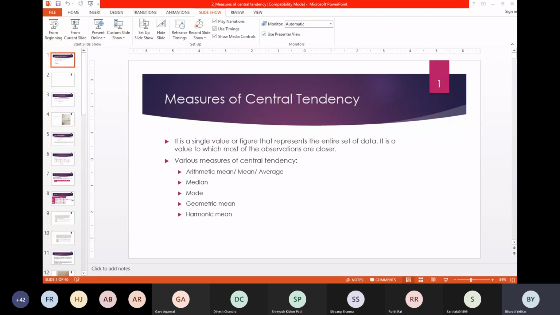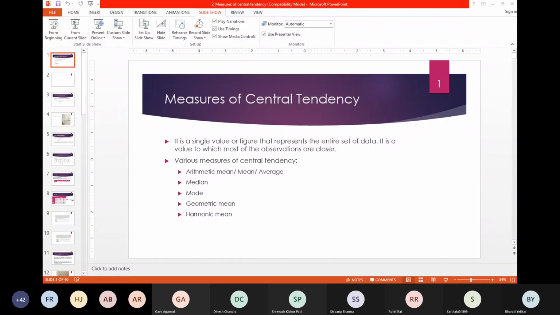So that means 22, maybe 22.5, 22 and 6 months, ऐसे कुछ. So it is the central value and other values are near that place. So that is the data distribution. That's why it reflects the center of the data distribution.